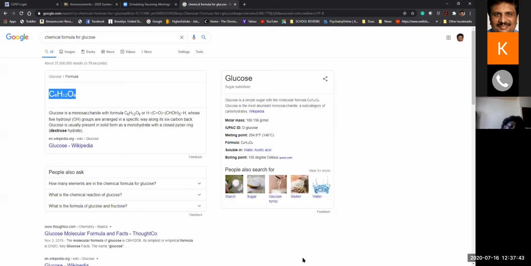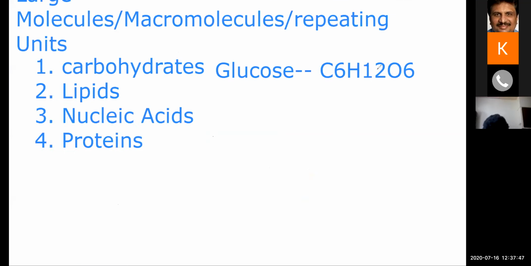So what is the total number of atoms in a glucose molecule? 6 carbon, 12 hydrogen, 6 plus 12 is 18, and 6 oxygen. So 6 plus 12 plus 6, 18 plus 6, 24. So 24 total atoms.